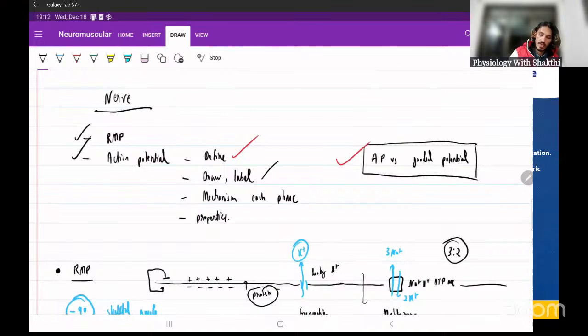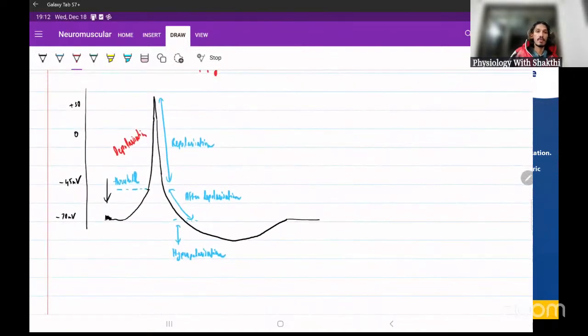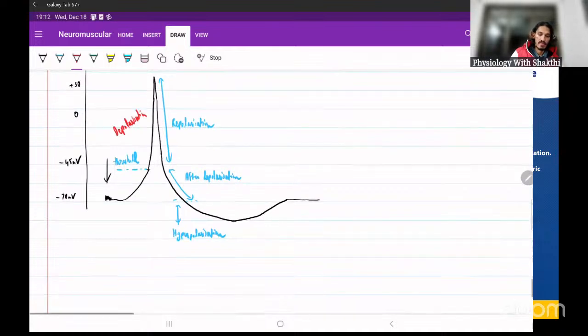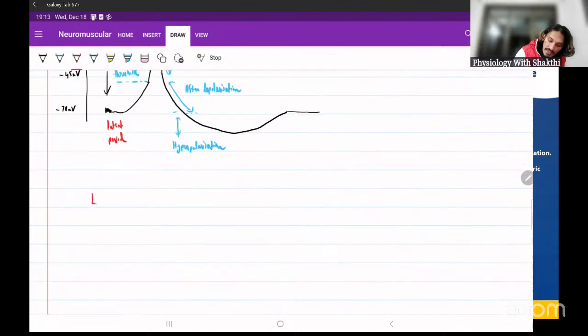Now you have to describe it. So you draw and label, and now you have to explain the mechanism of each phase. How does it happen? The first thing, when you give a depolarizing stimulus, we have a latent period. Why does a latent period happen? Because of the latency for activation. What happens when a stimulus is given?